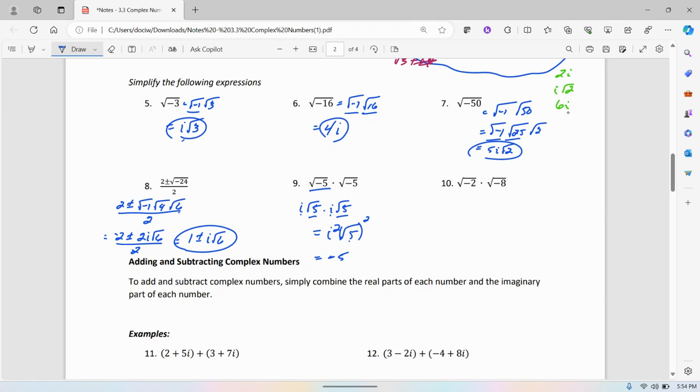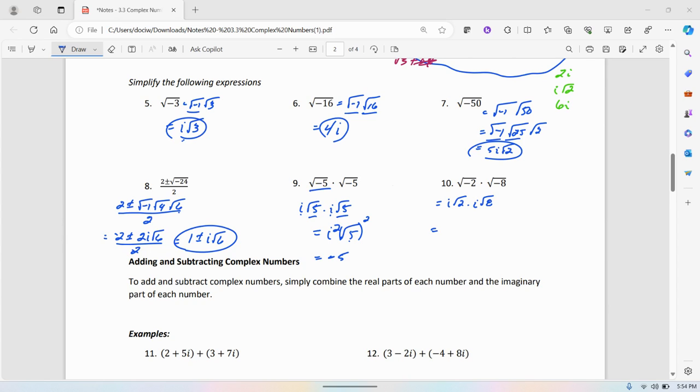In number 10, again, I cannot simply make this one radical with a negative 2 times a negative 8 underneath. I'm going to have a problem if I do that. I would handle this one a little bit differently if I'm looking ahead. The square root of negative 2 is i root 2, and the square root of negative 8 is i root 8.